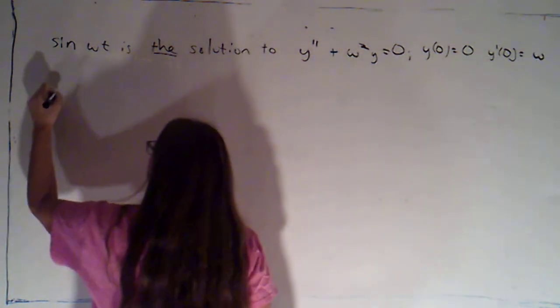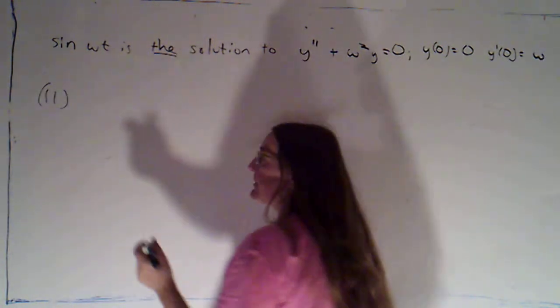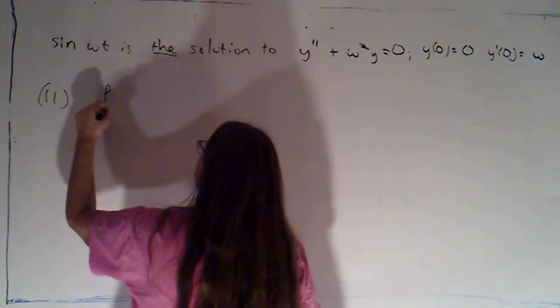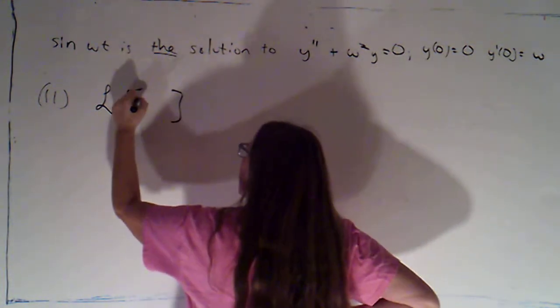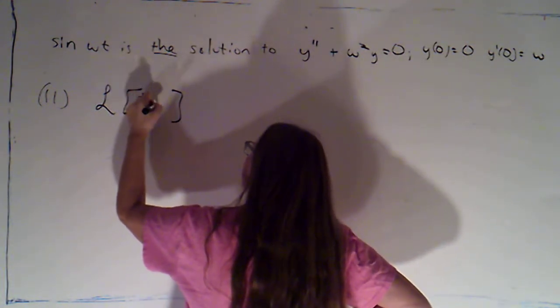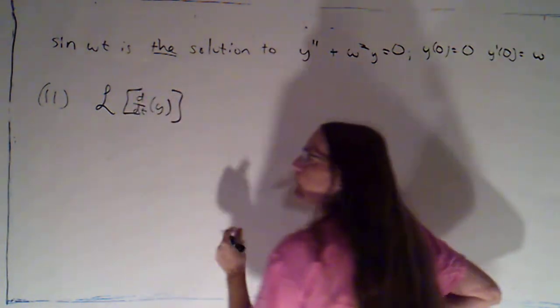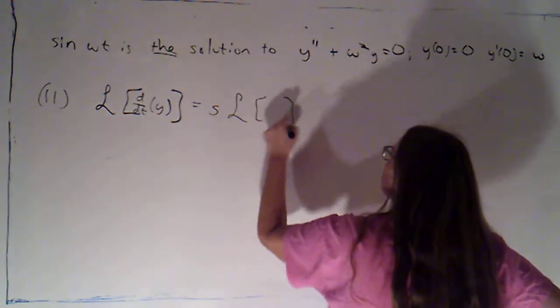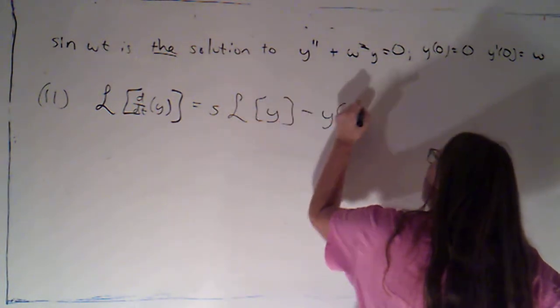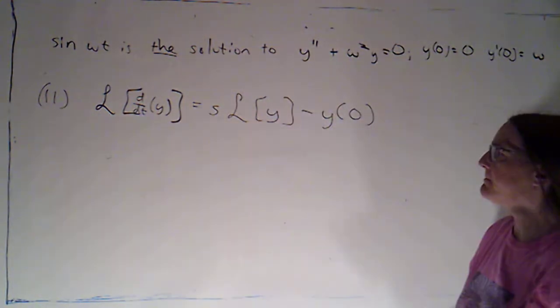We can do that fairly easily, though, using formula 11, because formula 11 tells me that the Laplace transform of y prime, which I'm going to write as d by dt of y, is equal to s times the Laplace transform of y minus y of 0.